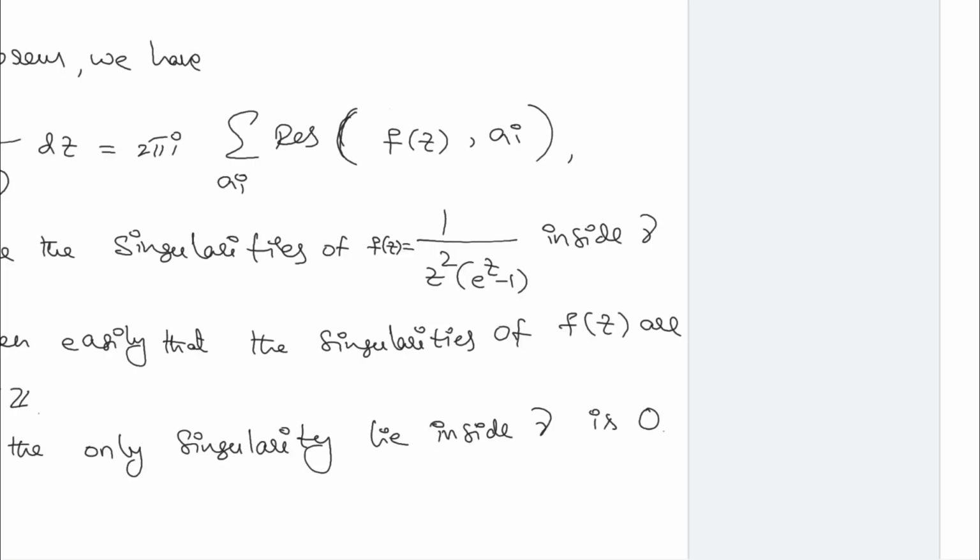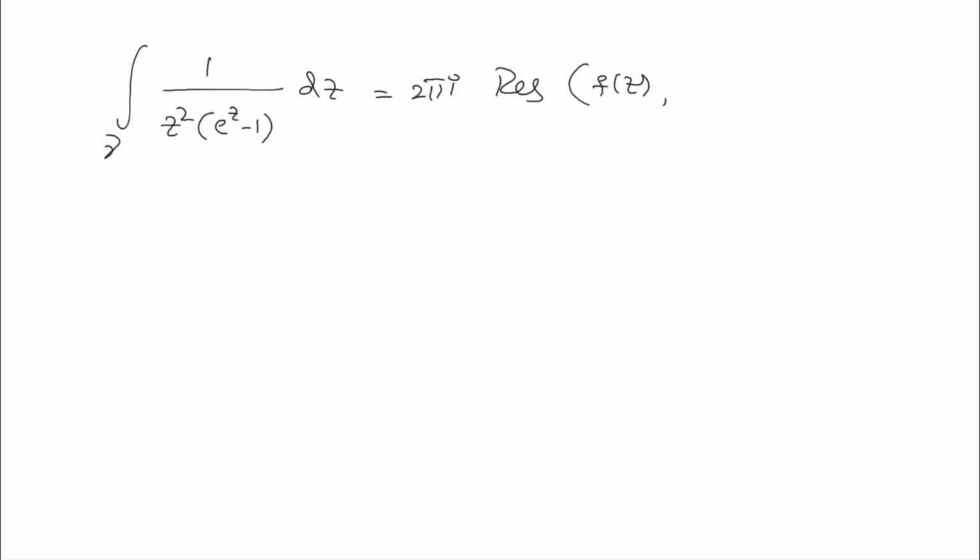So we can write the integration of 1 divided by z square times e to the power of z minus 1, dz over the curve gamma, is equal to 2πi times the residue of f of z at the point 0.